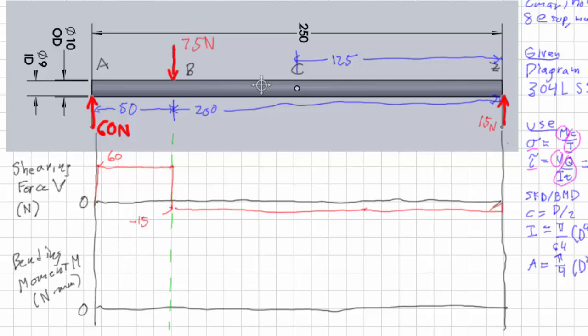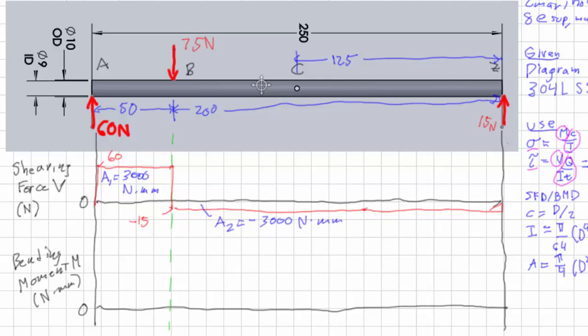Okay, and the areas here are going to be 60 newtons times 50 millimeters is 3,000 Newton millimeters. And if you do negative 15 times 200, you'll get the same thing. A2 equals negative 3,000 Newton millimeters.